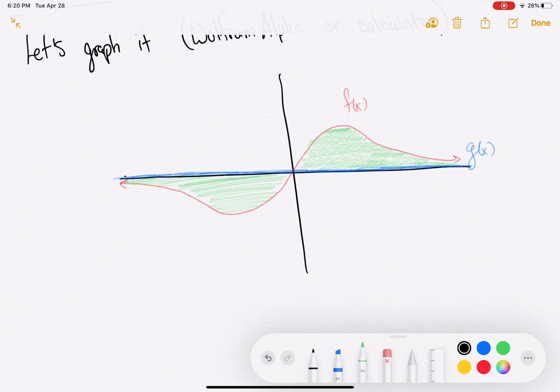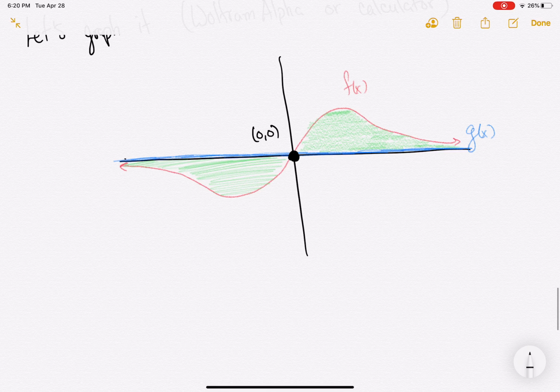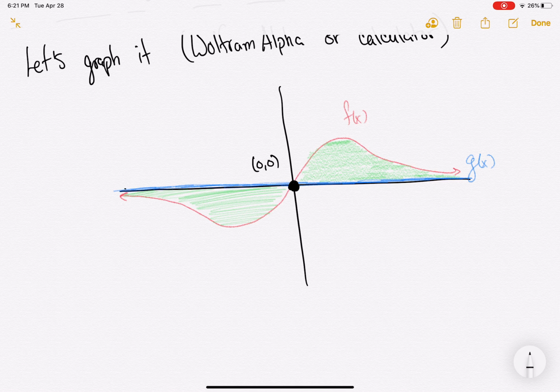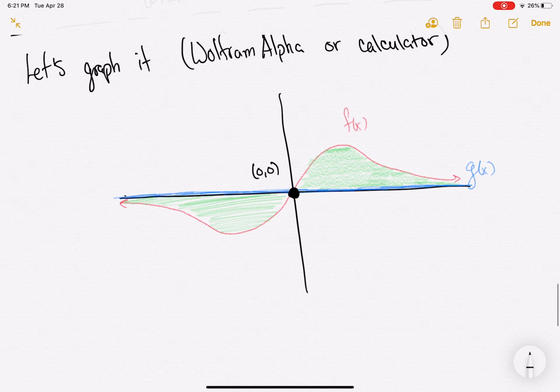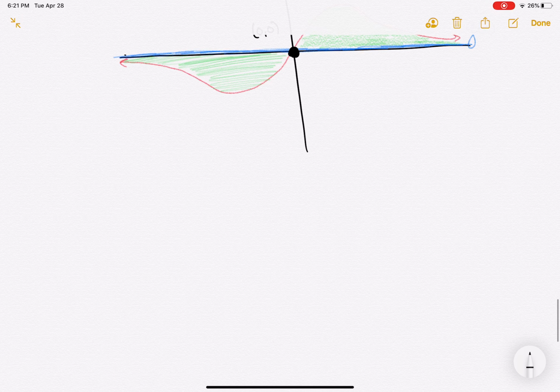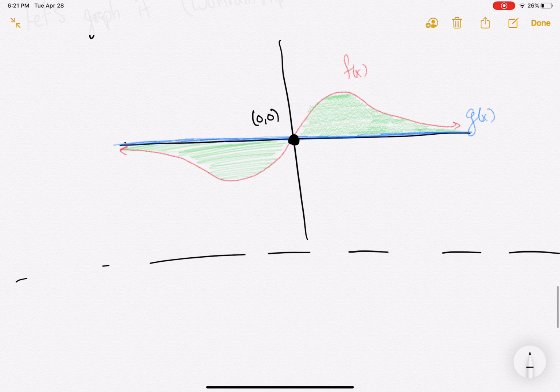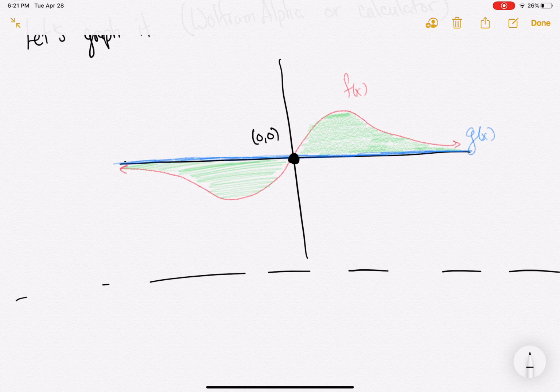I mentioned in the hint the only intersection point is at 0. So there's our (0, 0) intersection point. We see that f of x is on top to the right and on bottom to the left. So we have two choices. We can do this by symmetry or just by integrating everything directly. I'm just going to mention that here.